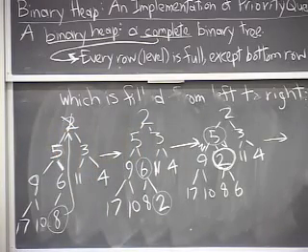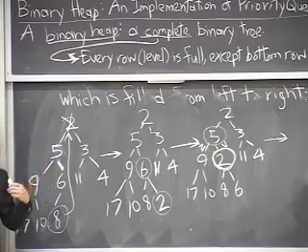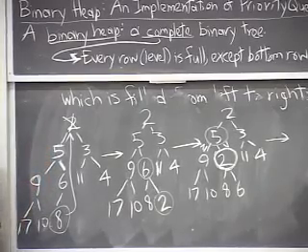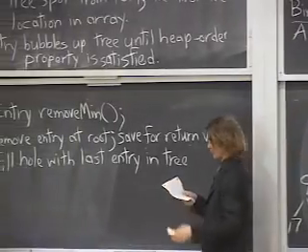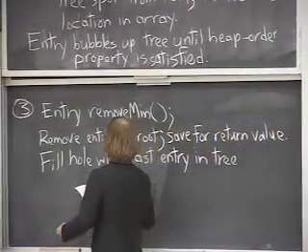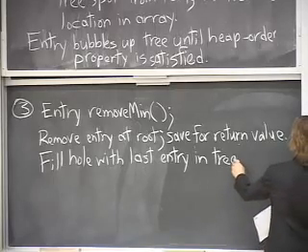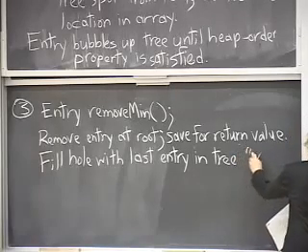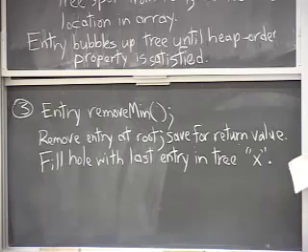Problem with that is that, of course, the thing that we've moved up to fill the hole is almost certainly not going to be the minimum key in the tree. So we, once again, need to fix that. So this last entry in the tree, let's call that x, just so that I have a shorthand for it. So x is this guy here. This is moved up to the root of the tree. Now we're going to bubble it down through the heap.